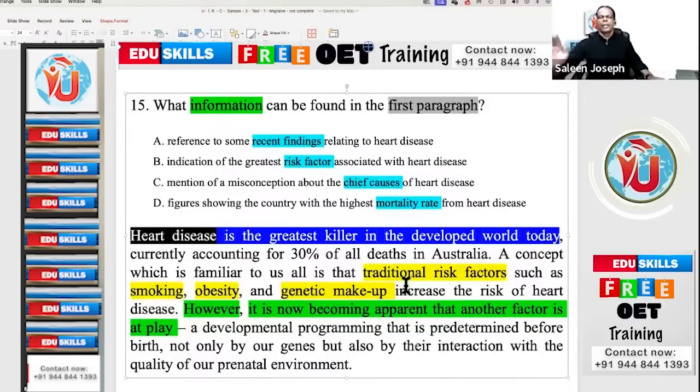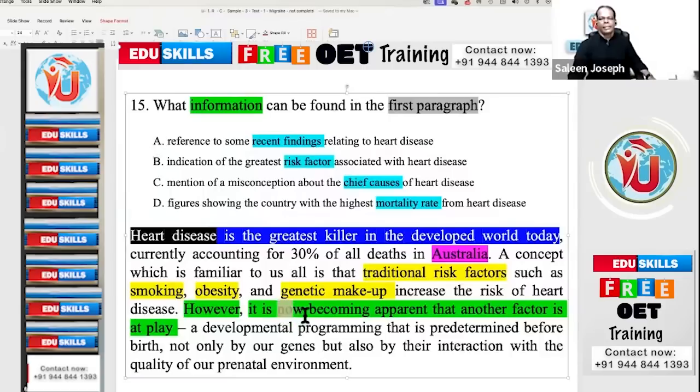No, they are just mentioning traditional causes and new causes that have been found out. Figures showing the country with the highest mortality rate? It shows one country, but does it compare with anything? No, only one country is mentioned, so you can't say highest. It's 30%. So ultimately, what is the answer?